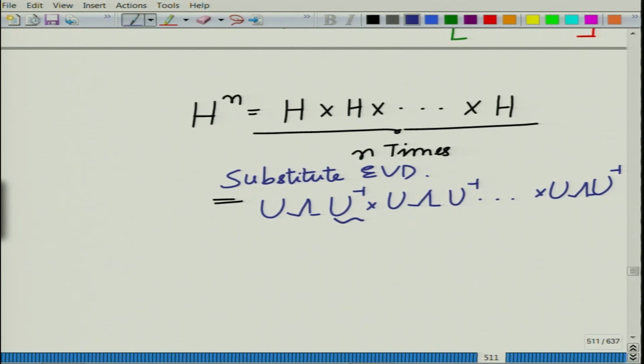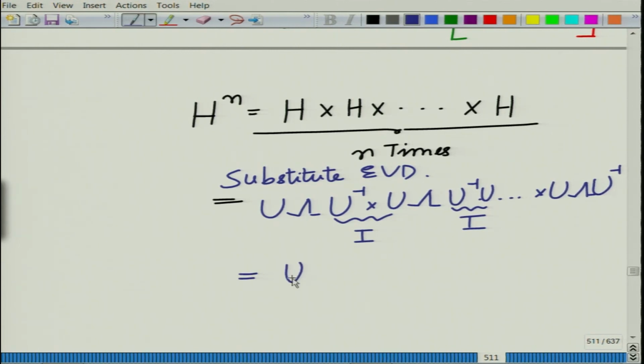Now, you look at this U inverse into U, this becomes identity. Naturally, all these U inverse U will become identity, and all you will be left with inside are these lambdas.